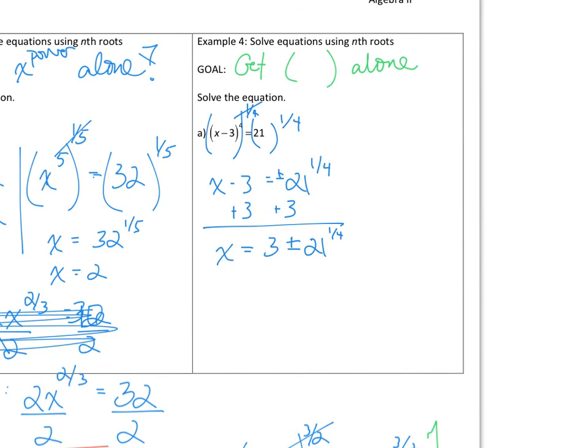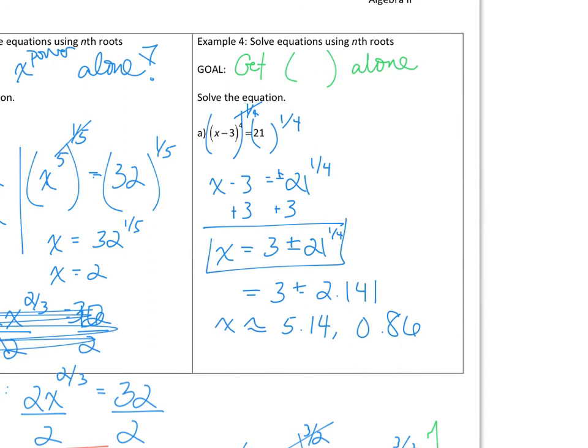Or I can plug this into my calculator to approximate, and I can type in 21 to the 1/4 power in my calculator. So now we end up with x equals 3 plus or minus, and when we type 21 to the 1/4 power in our calculator, we get a decimal of 2.141, which allows us to add 3 to that and then subtract 3, so we get approximate answers of 5.14 and 0.86.